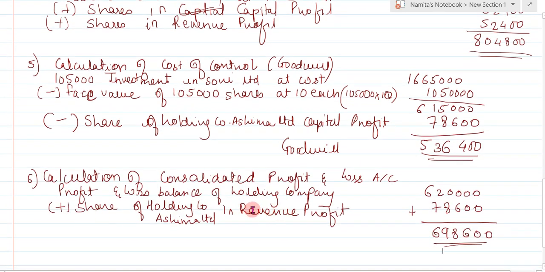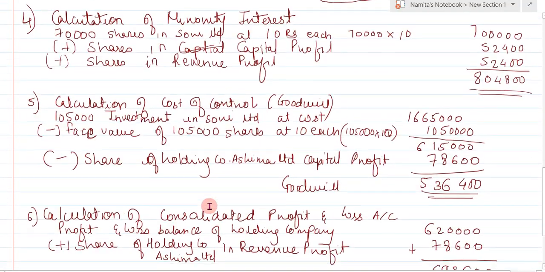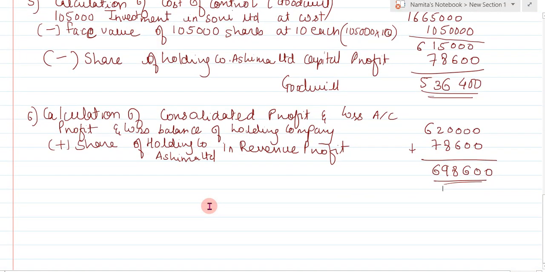These are the items we have to take into consideration for all these heads. Now after these calculations we have to prepare the consolidated balance sheet of Anshima Limited and its subsidiary company, Sony Limited, as on 31st March 2016.